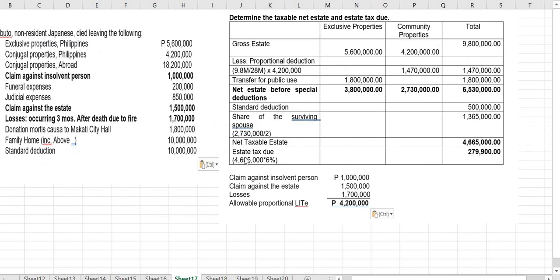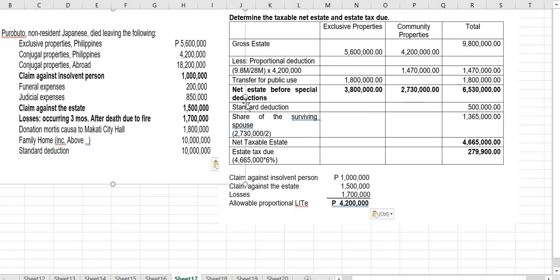Okay, so our last illustration is actually a computation for a married non-resident alien. Okay? So you have exclusive properties 5.6 million, conjugal properties in the Philippines 4.2 million, then conjugal properties abroad 18.2 million.